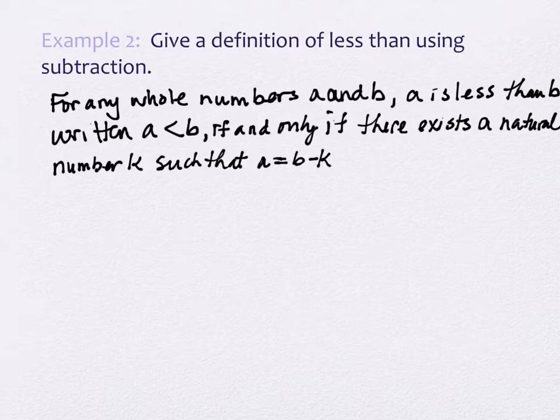Right? Johnny has 3 cookies and Joe has 4 cookies. You could either give an extra cookie to Johnny or you could take a cookie away from Joe and then they'd have the same amount.